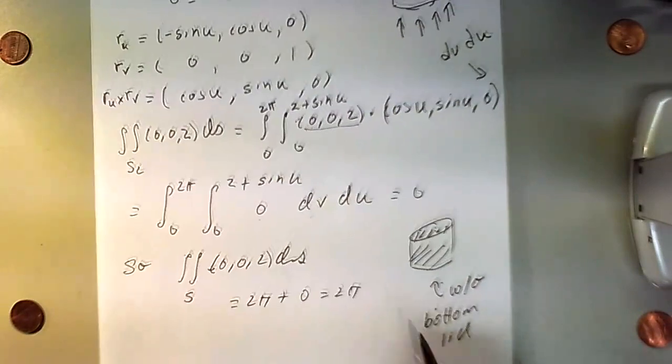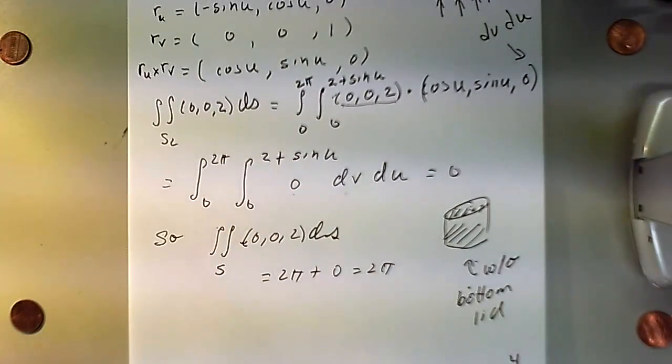So that is 2 pi, which is the same answer we obtained when we used Stokes theorem.